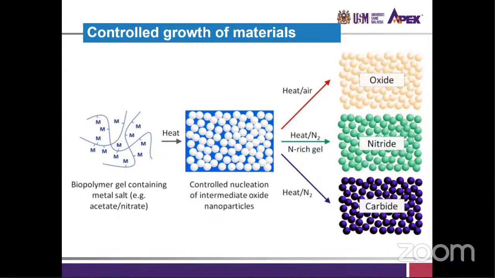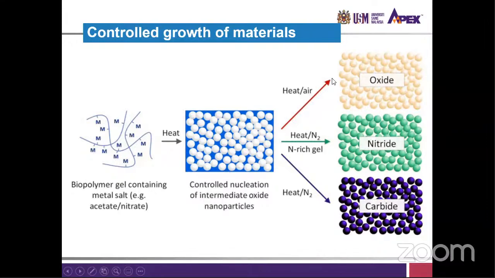Okay, so what happens here? When you want to control growth of the material, it depends on several factors. For example, this is the basic concept. When you have a biopolymer gel containing the metal oxide, any metal oxide that you want to produce, the acetate salts, then you introduce heat, and it starts to have nucleation of the intermediate oxide nanoparticles.